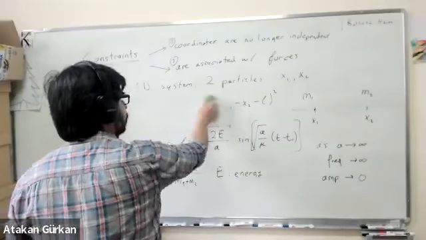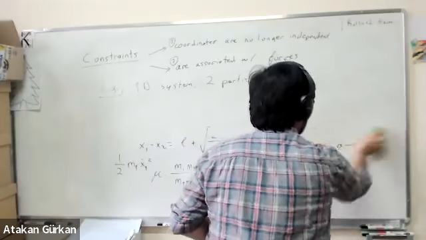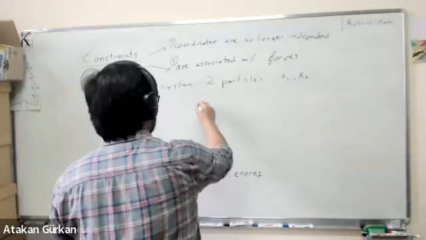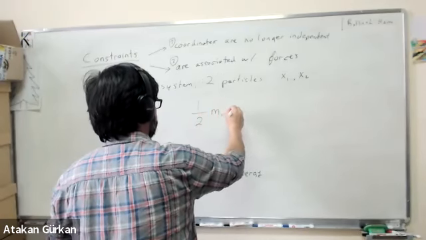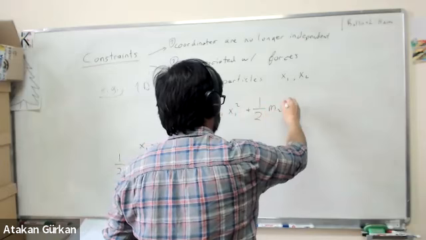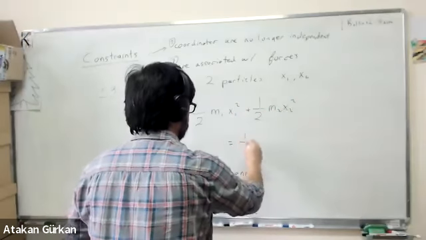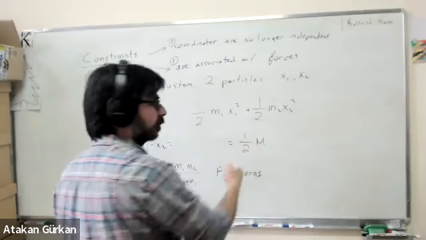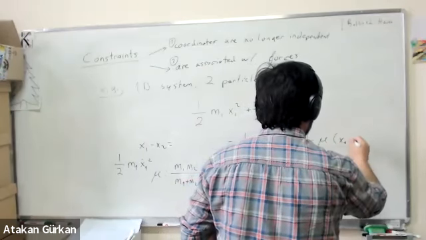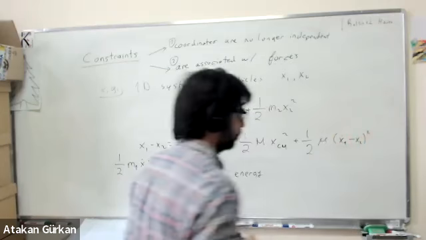Yes, I will erase this, but hopefully you recall the system. So this is what we all know, and this is also equal to the following, where this is the total mass, this is the reduced mass, and that's the relative velocity.